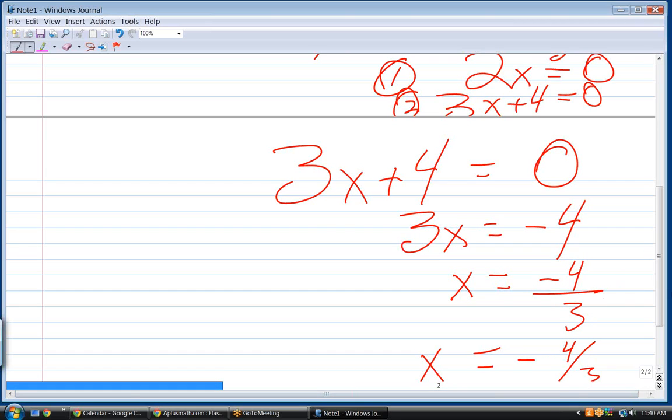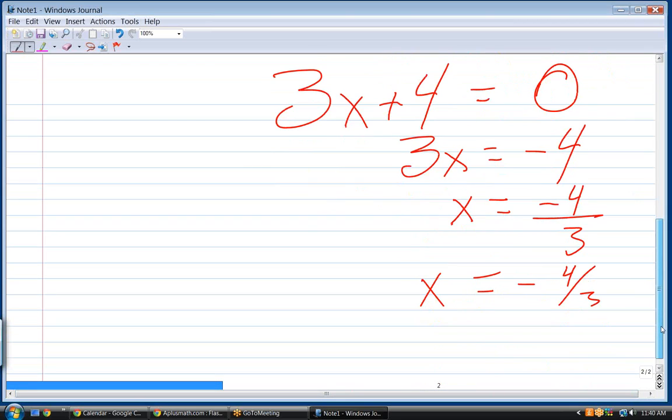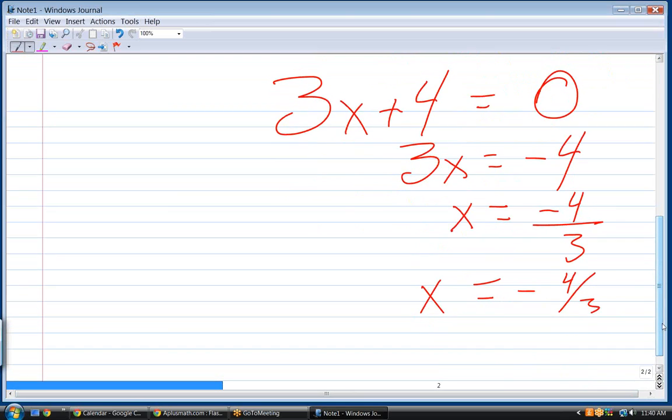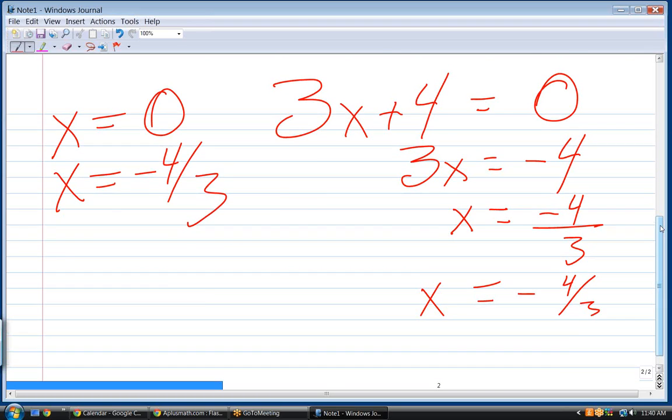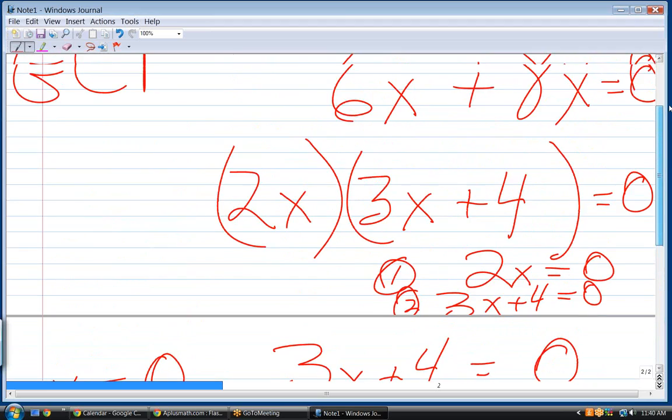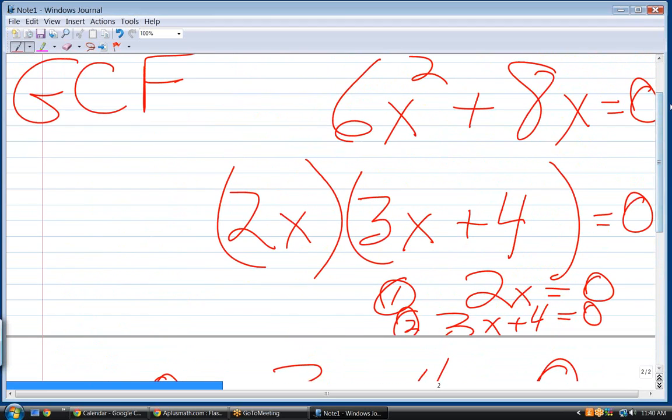So we were able to solve the problem. In other words, I now know that there's two possibilities for x. Either x is equal to 0 or x is equal to -4/3. And if I look at the original equation, I can see that both of those are going to work.